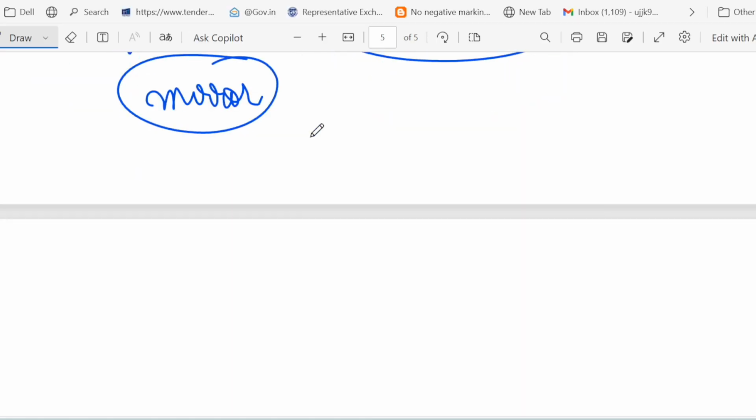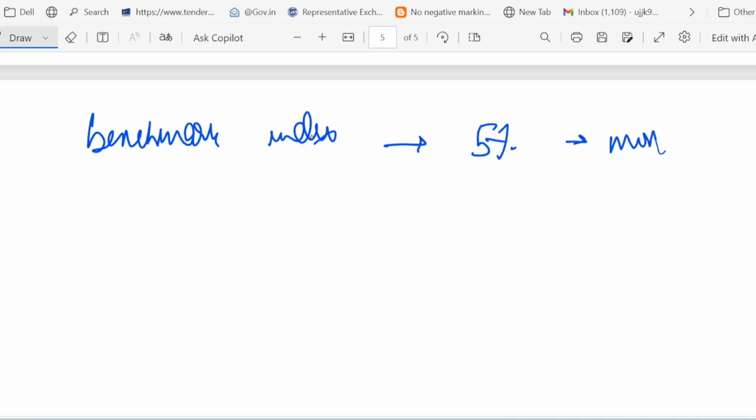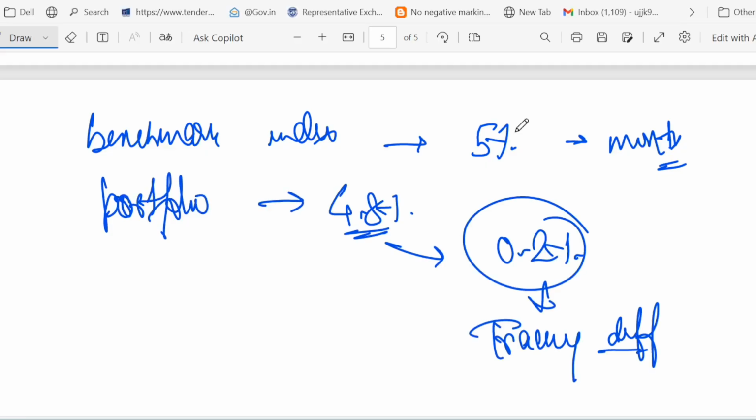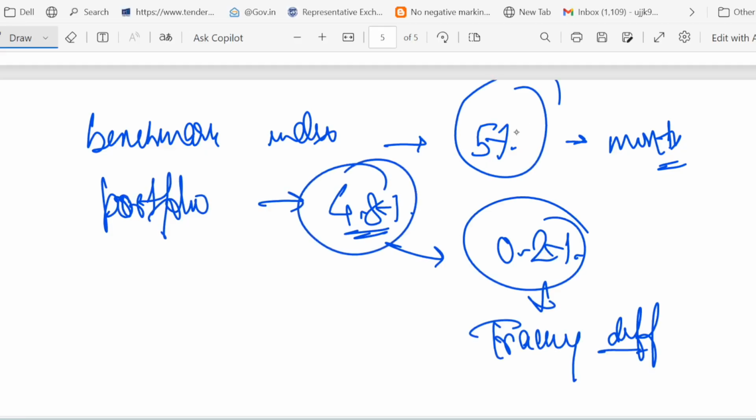Let me give you one example. Suppose the benchmark index goes up 5% in a month, and your portfolio grew only 4.8%.